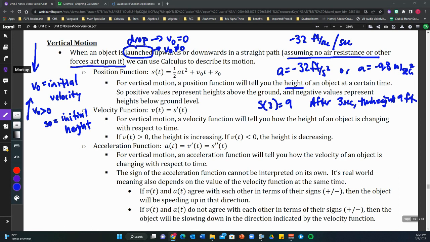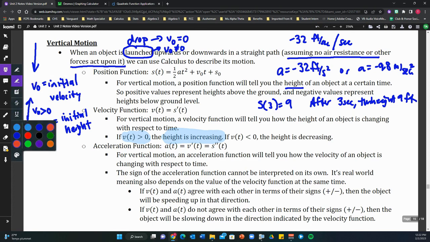When we go to interpret the values of the velocity function, anytime that we have a positive value, when v of t is greater than 0, then we know the height is increasing. Again, that's a positive change in the position. If the position was 5 and now it's 10, that's a bigger position, which means we are higher off the ground. The distance from the ground to our object is larger, and therefore it's increasing.